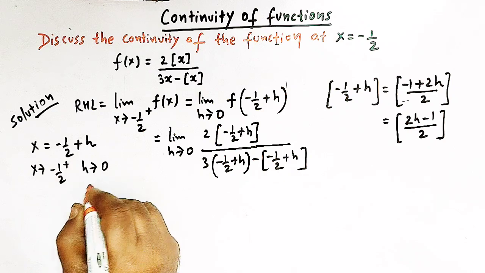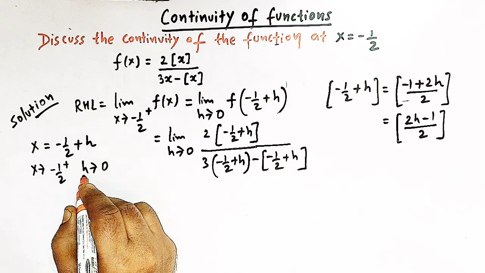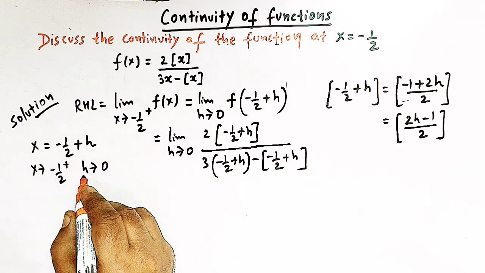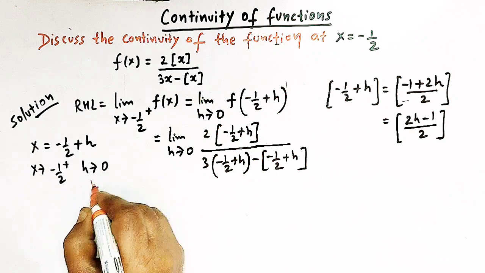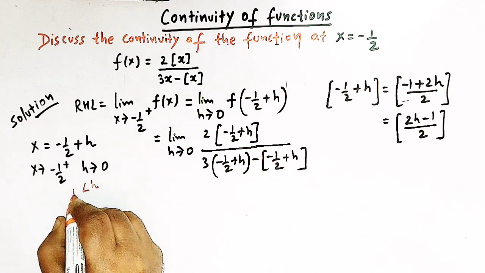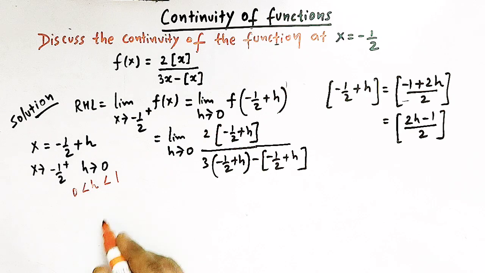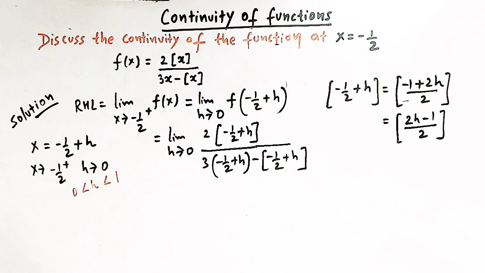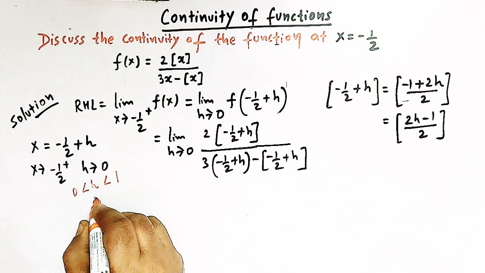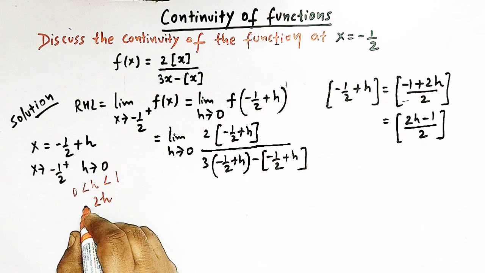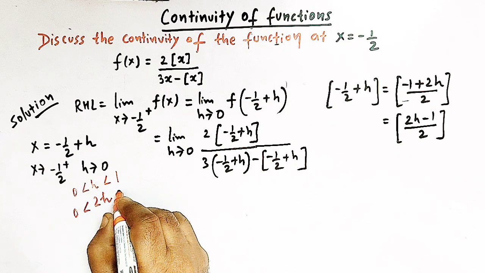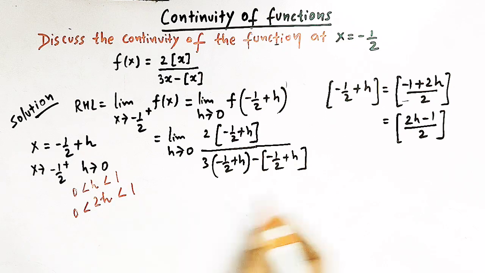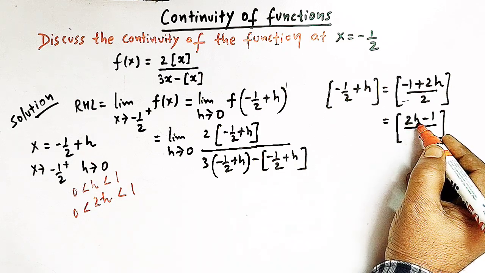Here we know that this quantity h is a positive quantity, and it lies between 0 and 1. So when h lies between 0 and 1, and h is infinitesimally very small, then the value of 2 times h should also lie between 0 and 1, because here we have 2h, right?